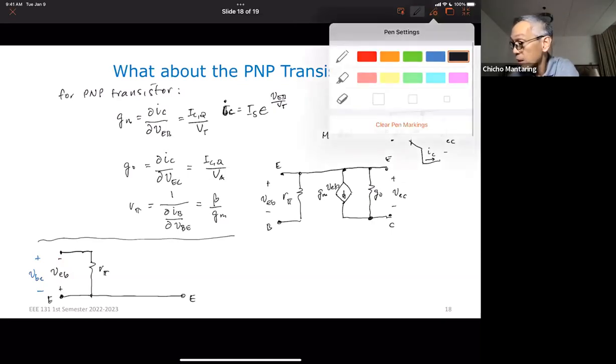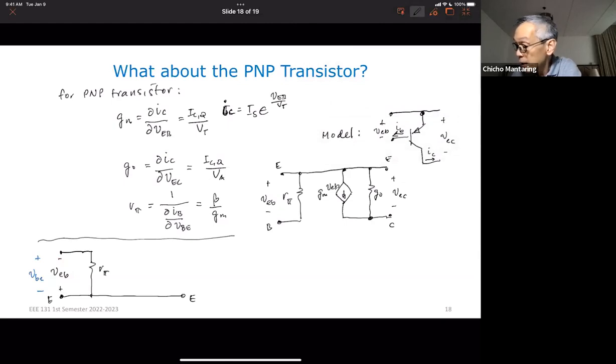Okay. And then dito naman sa emitter sa output side, okay. So this is my collector. I'm going to have GO.